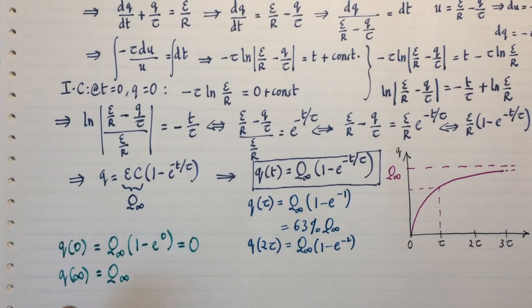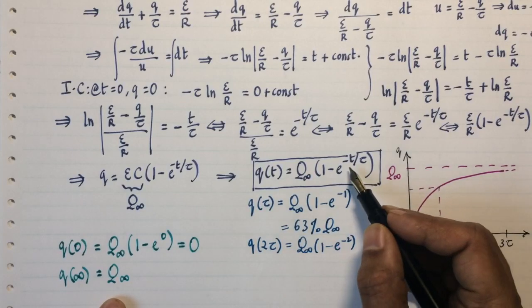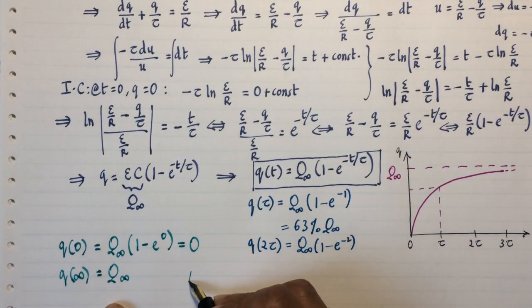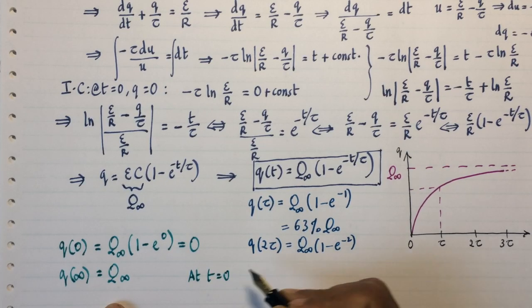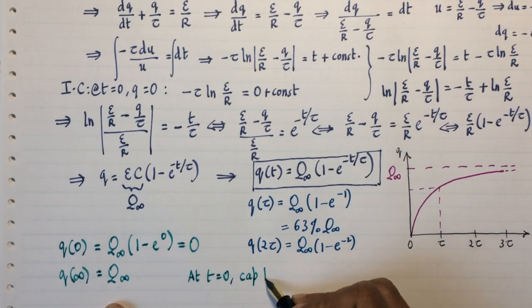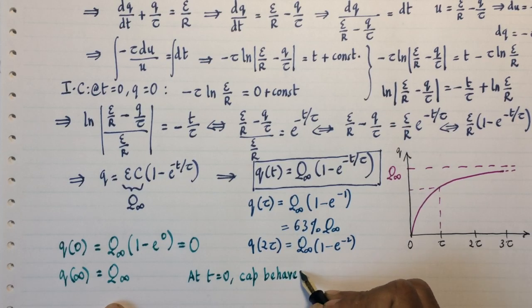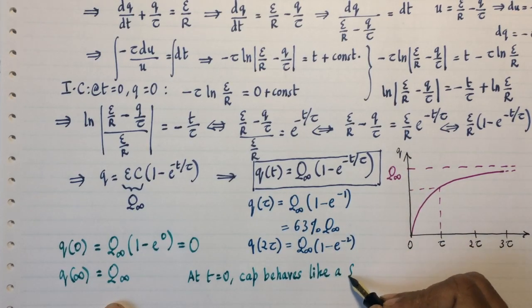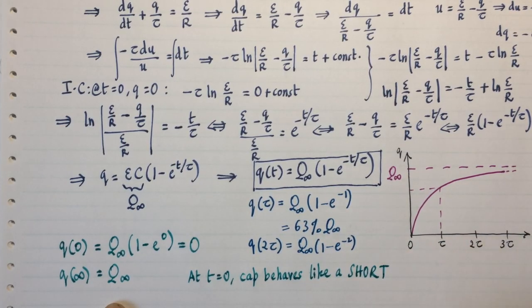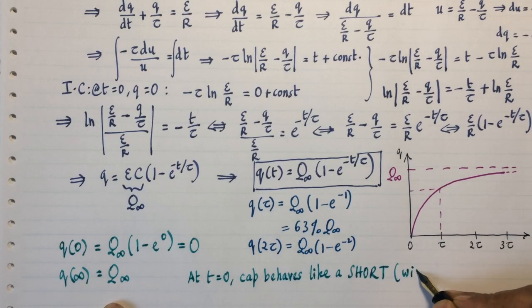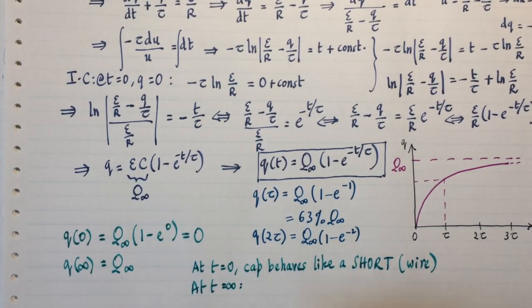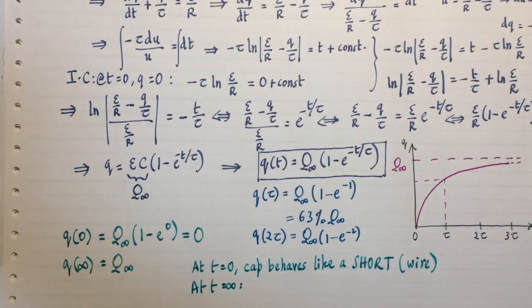That's by definition, or you can just put the value infinity and you'll see that. So what does this really tell us? It tells us that at t equals 0, the cap behaves like a wire. The word wire in electrical engineering is called a short. So it behaves like a short or a wire.